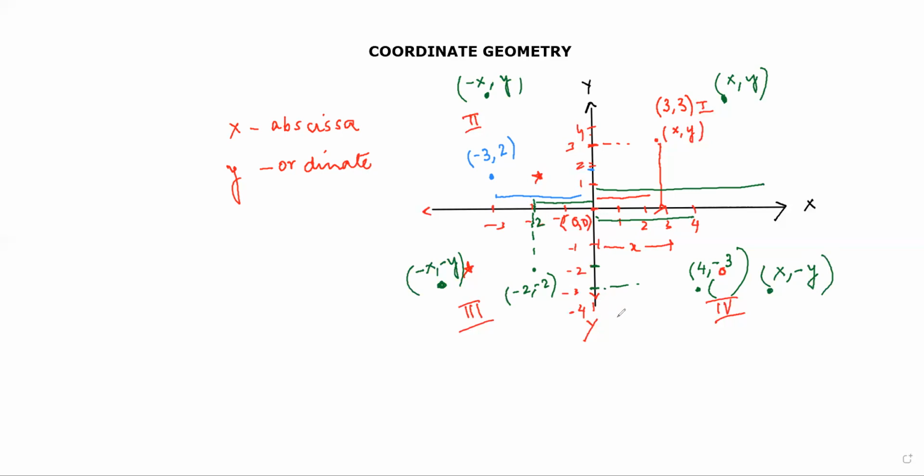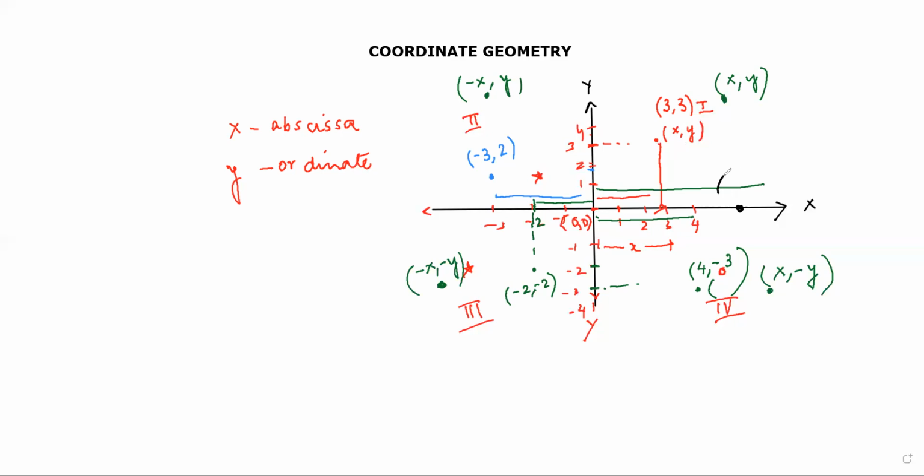Now, very important point, last point, that it is not necessary that all the points are only in the quadrants. There can be a few points which can be on the axis itself. For example, if I ask you to tell me the coordinates of a point here, it is neither in the first quadrant, nor in the fourth quadrant. Tell me the coordinates. Very easy.